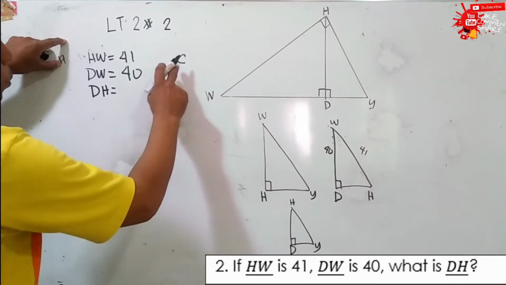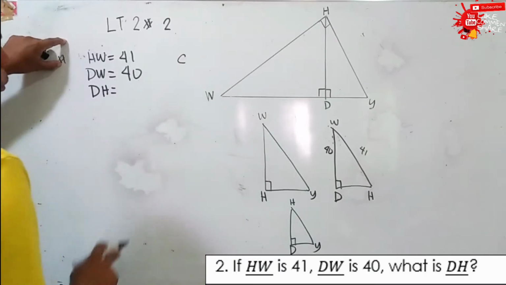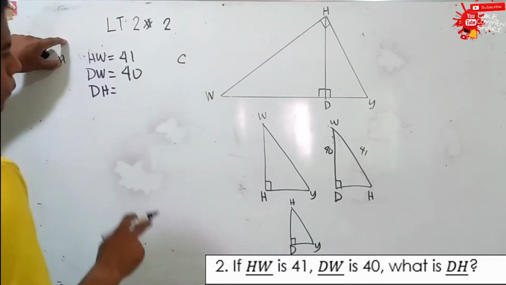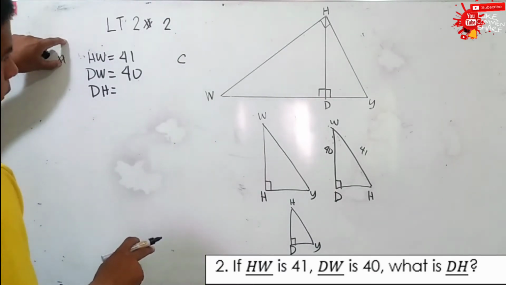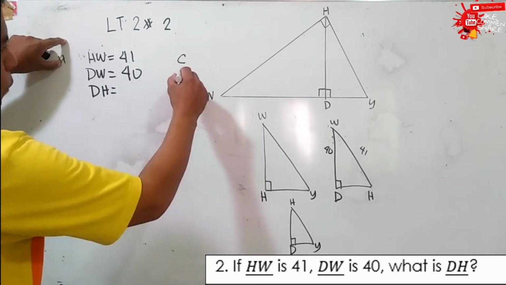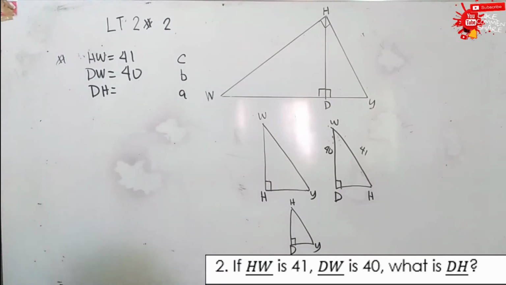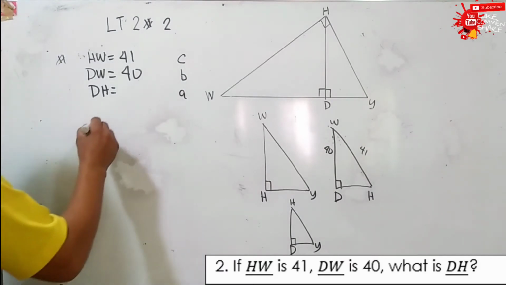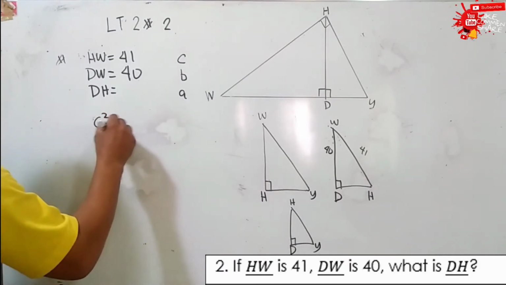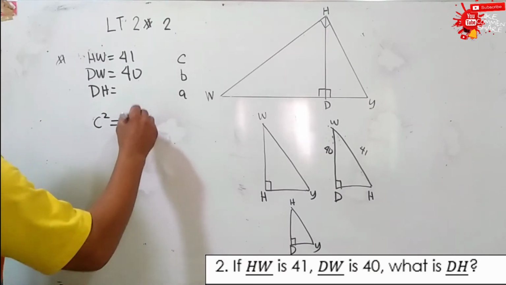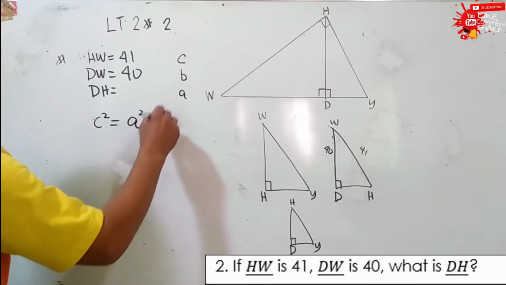So, yung HW represent as C, the hypotenuse, at yung DW is the legs. Okay? So, lagay natin itong B at ito ay A. So, ano yung formula ng Pythagorean Theorem? So, we have C squared equals A squared plus B squared.